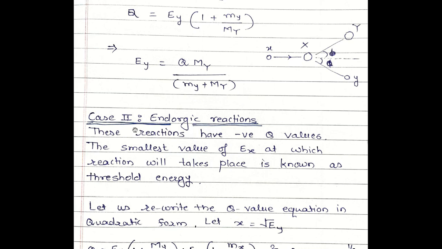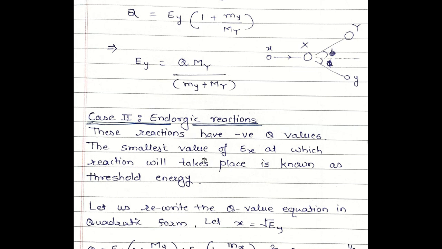So let us consider the case of endoergic reaction, wherein the Q value will be negative. Q value becomes negative only when the kinetic energy of product is less than the kinetic energy of reactant.